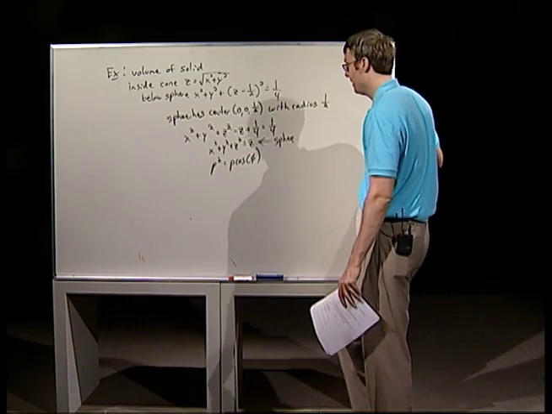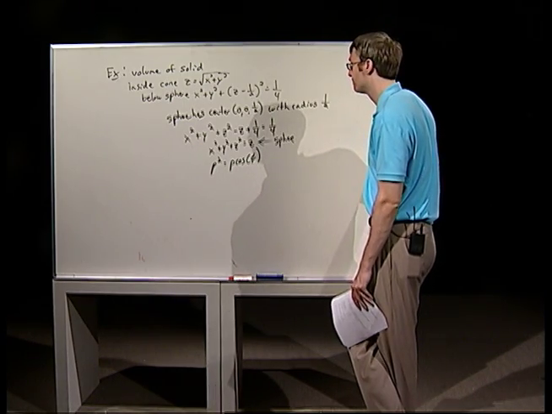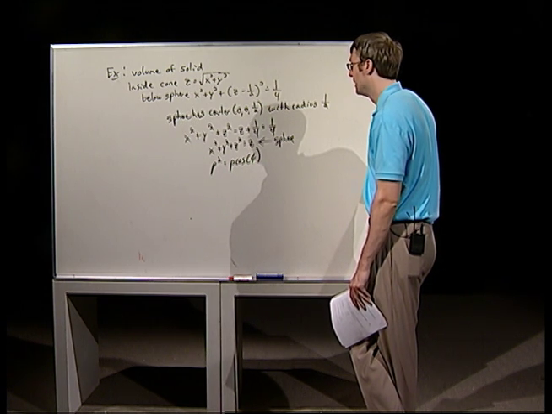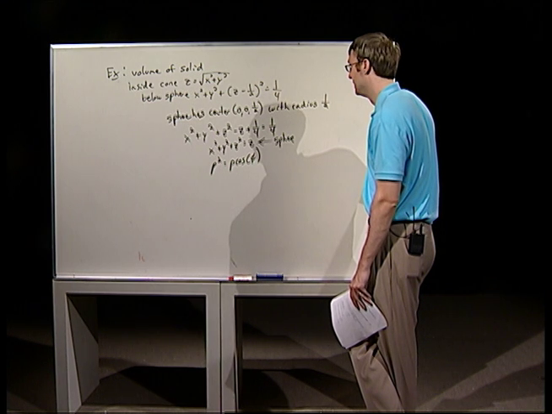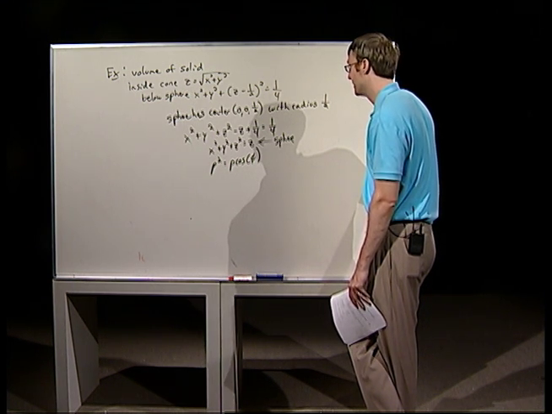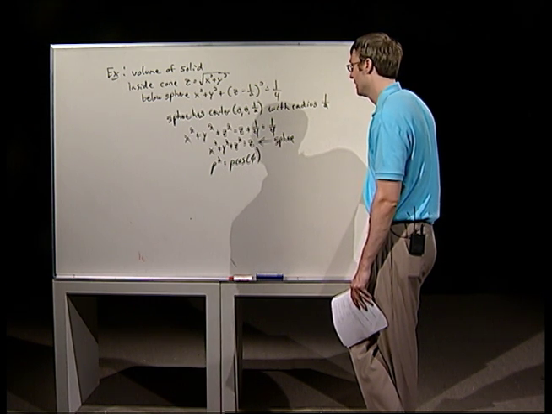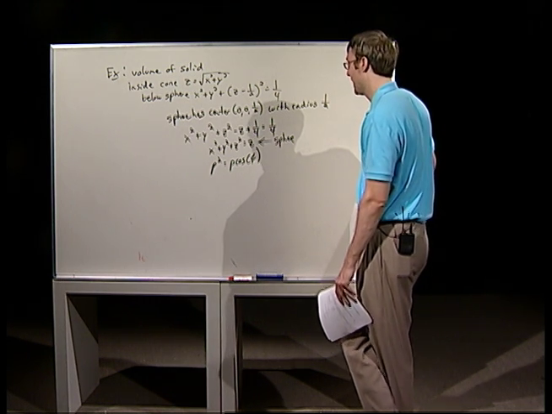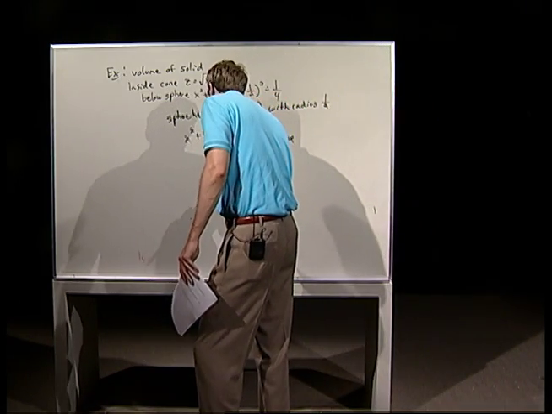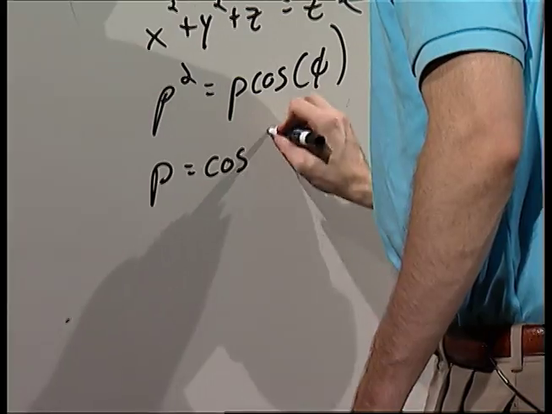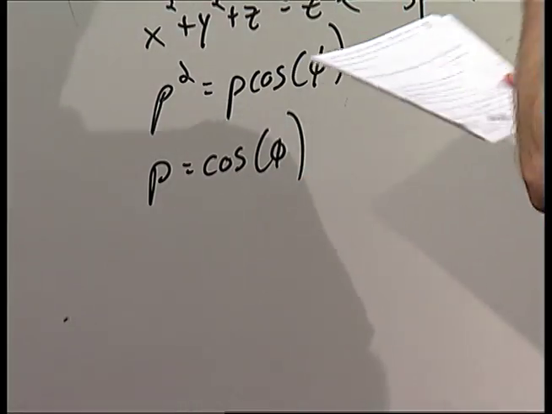On this sphere, the point 0, 0, 0 is on there because your center is at 0, 0, 1/2. But as long as you don't have that point in question, you can say this is just rho equals cosine phi.